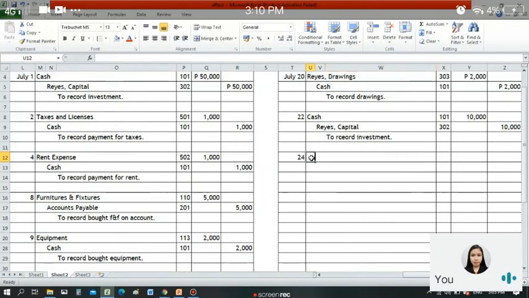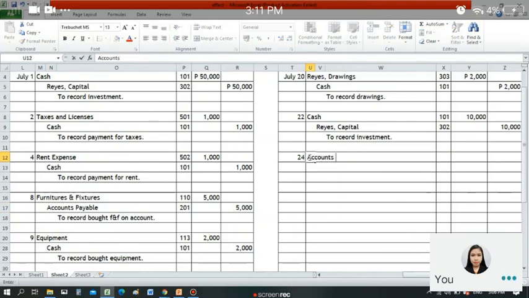We paid an account. So what did you pay? Utang, the debt. And that debt is accounts payable. From the first transaction where you incurred a debt, which you are now paying, accounts payable, which was on the credit side, will now be on the debit side.